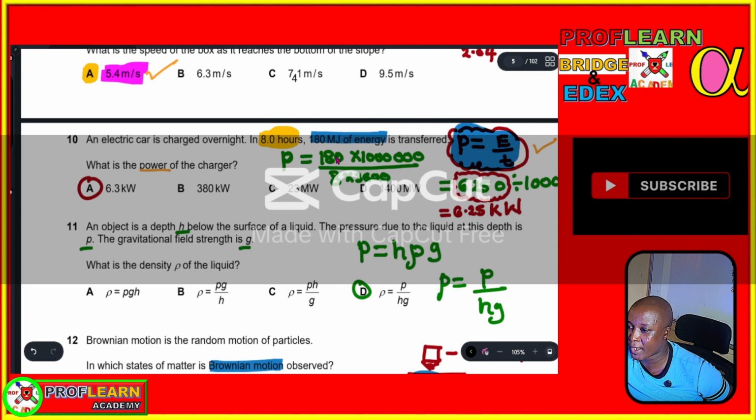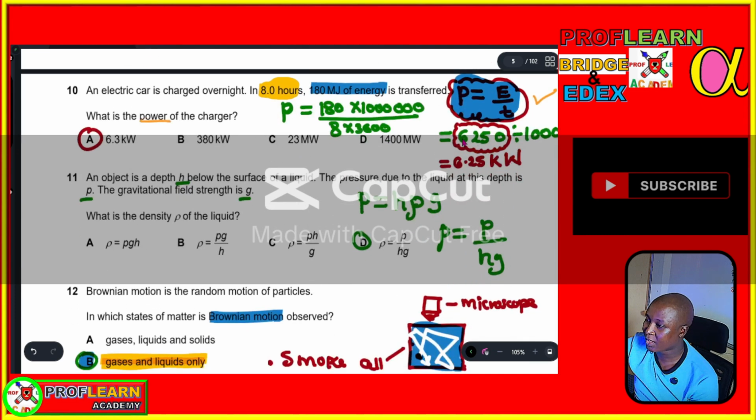So it will be 180 times 1 million, because it was given in megajoules, over time, and time must be in seconds, so it will be 8 times 3600, and that's going to translate to 6250. We convert it to kilowatts, so that will be 6.25 kilowatts, which is going to be option A.